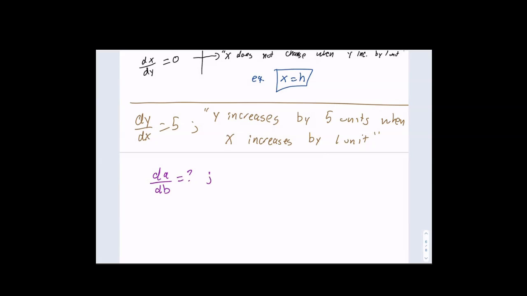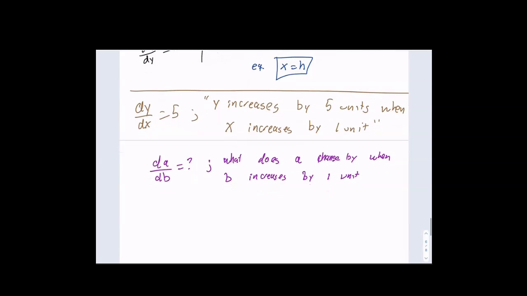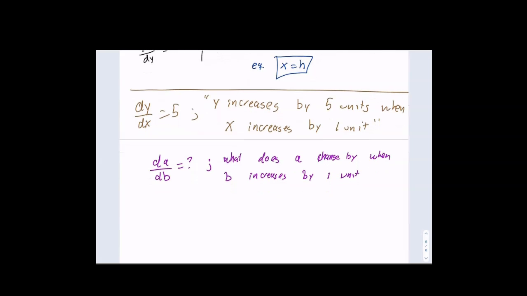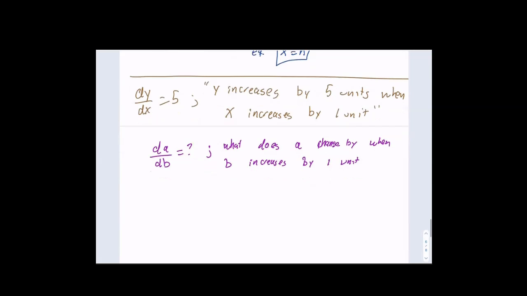Well, this is asking me, what does A change by when B increases by 1 unit? Because you don't always have to be dealing with A and B, or X and Y.